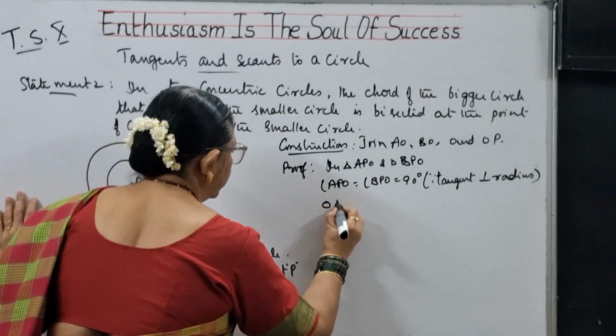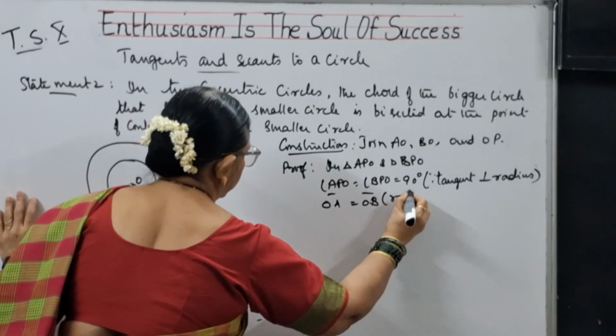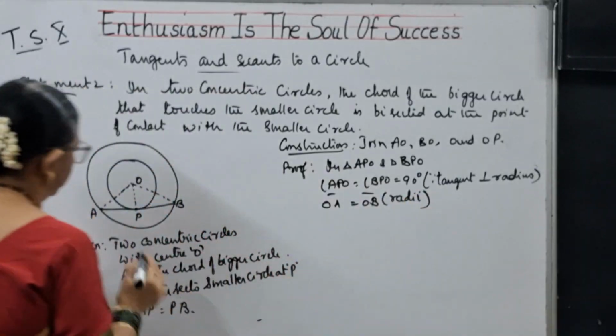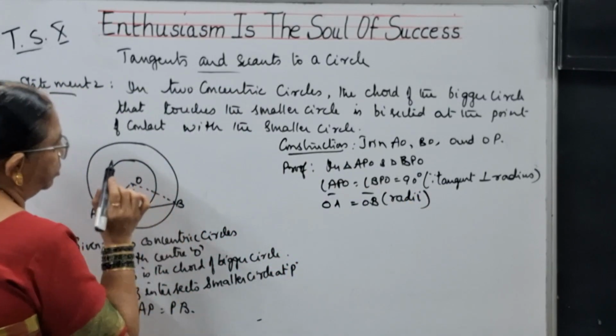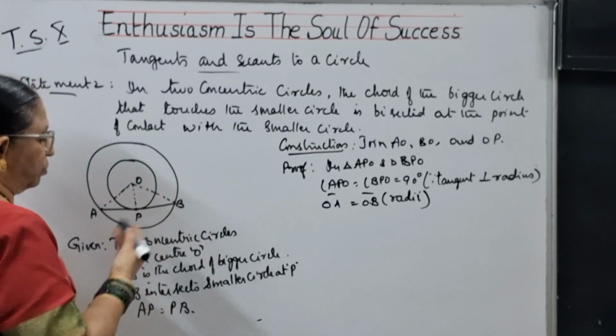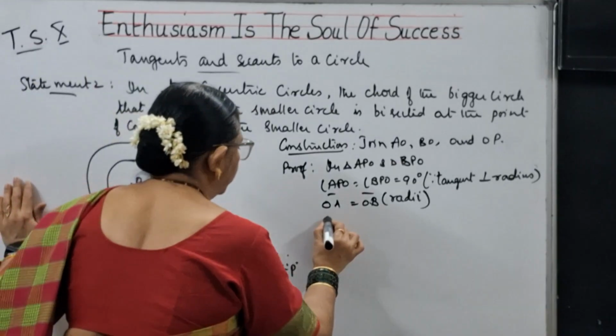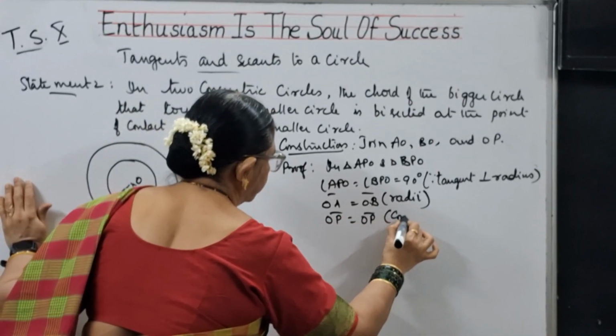And OA is equal to OB, they are radii. OA is the radius of the bigger circle. Similarly, OB is also radius of the bigger circle. So anyway, the radii are equal, so those two are equal. And OP is equal to OP, this is common.